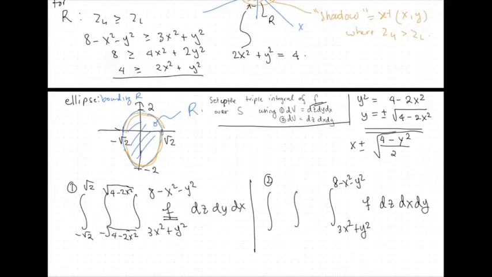You can simplify this, but I'm not very particular about that. So this is the upper limit, square root of 4 minus y squared over 2, and below it is negative square root of 4 minus y squared over 2. And then your y will run from negative 2 up to positive 2.